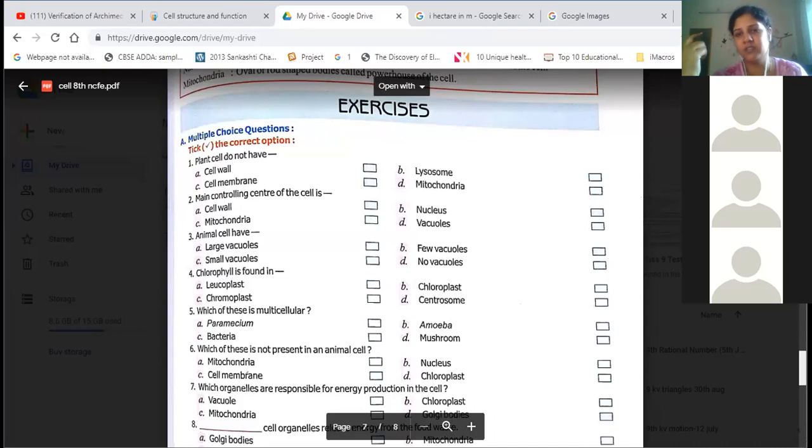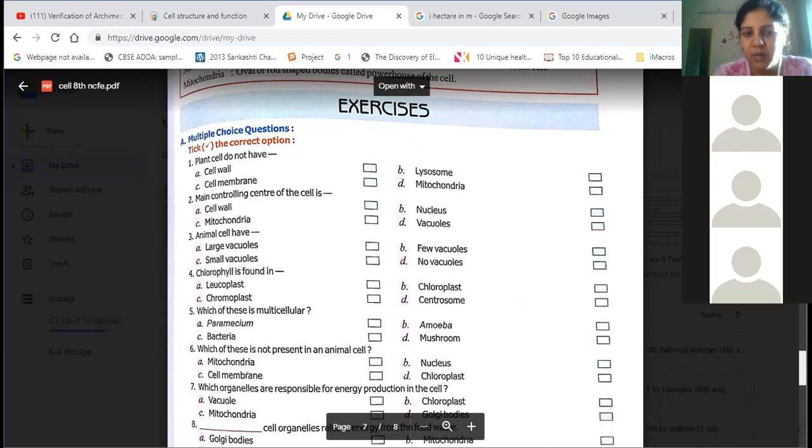Xanthophylls, carotene, those are all different types of plastids which impart different colors. Out of that, the plastid which imparts green color we call chloroplast, and that chloroplast has the green colored pigment called chlorophyll. Clear? Chloroplasts have chlorophyll.